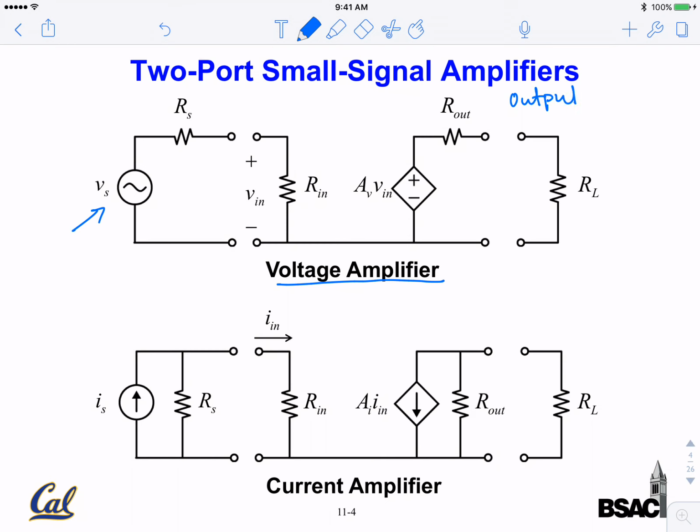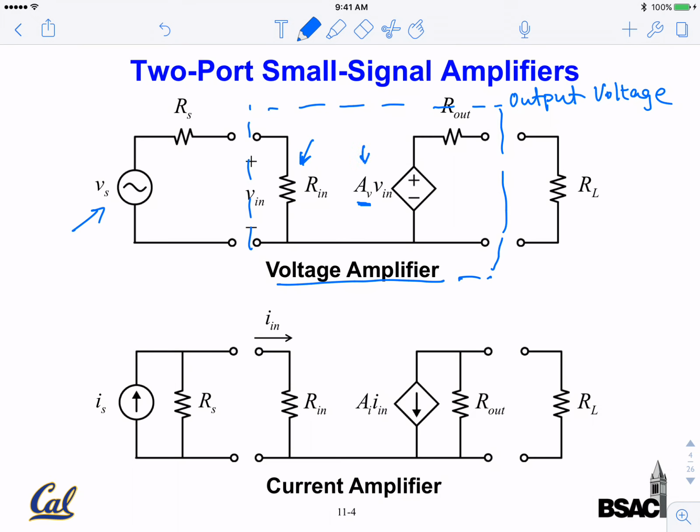For this kind of voltage in, voltage out, voltage amplifier, the two-port circuit is represented by something inside this box here. The equivalent circuit includes an input resistance, R in, and a dependent voltage source with your voltage gain, AV, here.